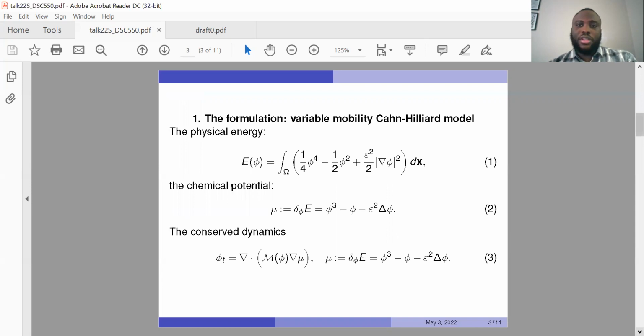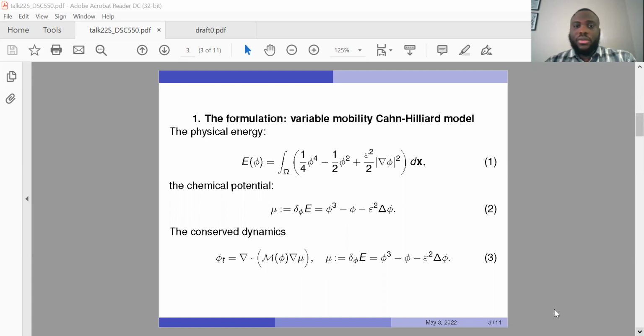Here we have the formulation of the variable mobility Cahn-Hilliard model. I'm pretty sure most people do not know what the Cahn-Hilliard model is, so I'll explain that real quick. The Cahn-Hilliard equation is a mathematical model of the process of phase separation in a binary alloy.